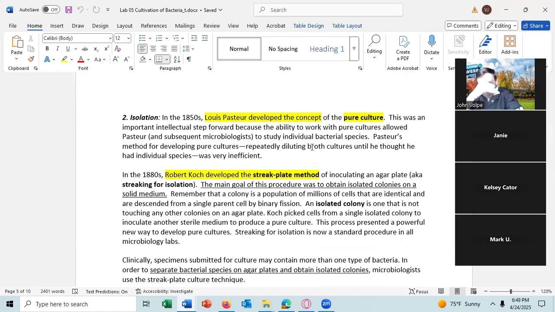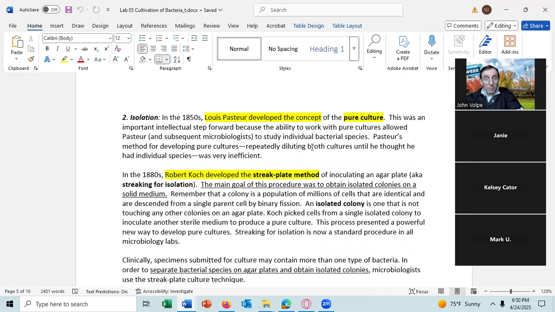And then he would replica plate each serial dilution. And if ever he got a dilution growing where only one tube had growth in it and 9 tubes were no growth in it, he correctly concluded that the one out of the 9 tubes that had growth in it was likely a pure culture.